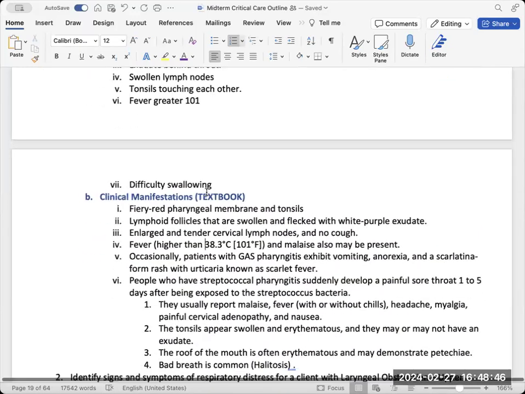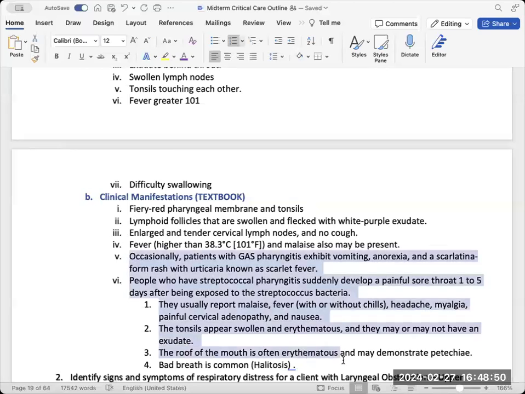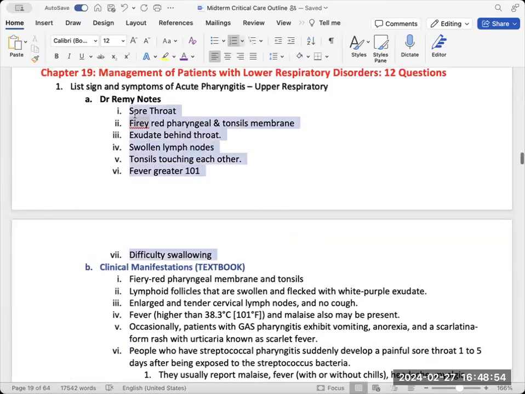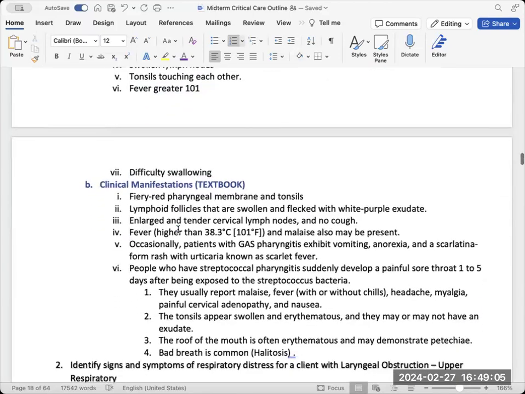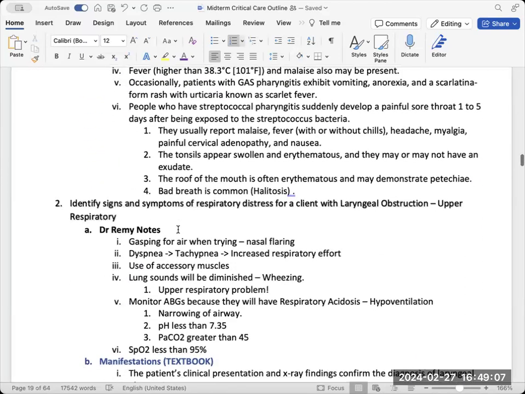It's the same sorts of things. It was just talking about if you have different types of pharyngitis, what other symptoms you may expect, but these are the things we're looking for, right? Sore throat, fever, fiery red tonsils, right? Exudate, difficulty swallowing, right? Swollen lymph nodes, things like that. Is there anything anyone wants to add?